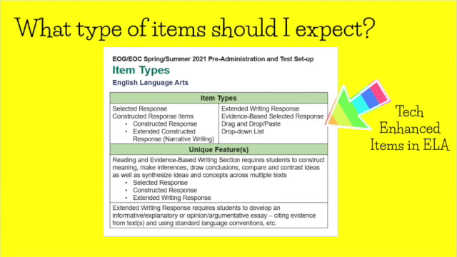That includes selected response, constructed response, and extended writing response. Extended writing response requires students to develop an informative or explanatory or opinion argumentative essay, citing evidence from text or texts and using standard language conventions, etc.